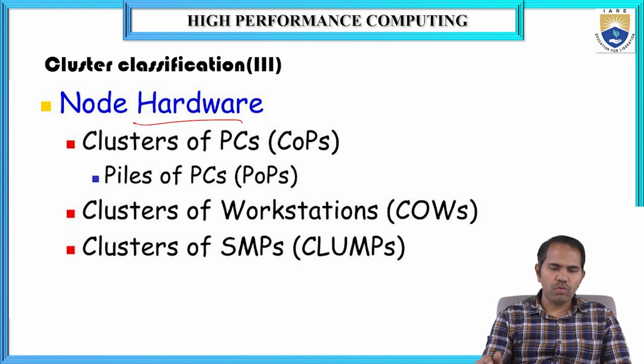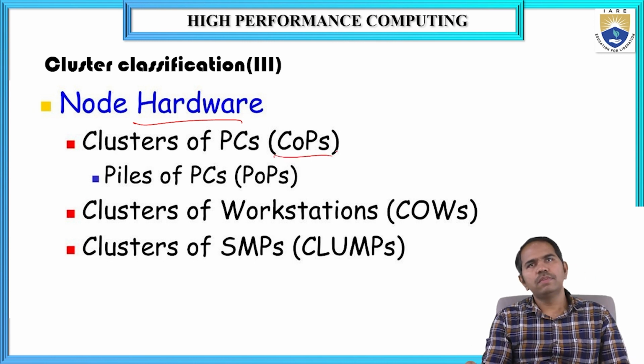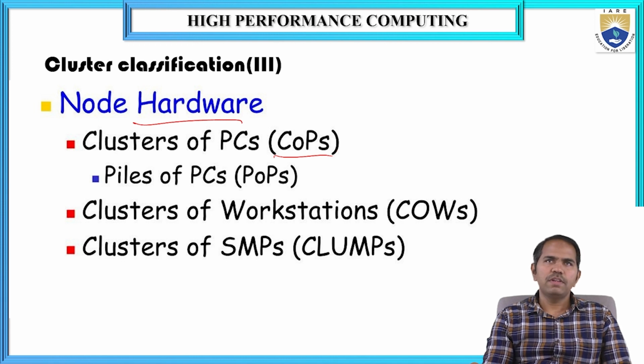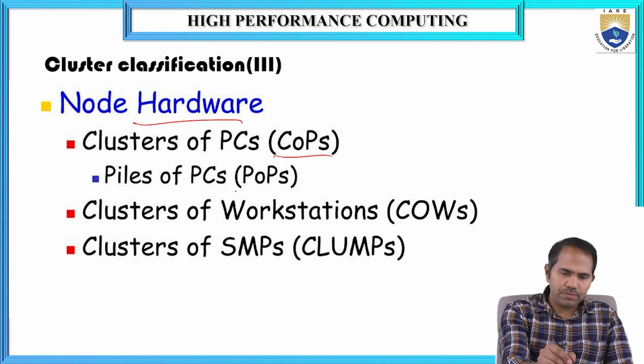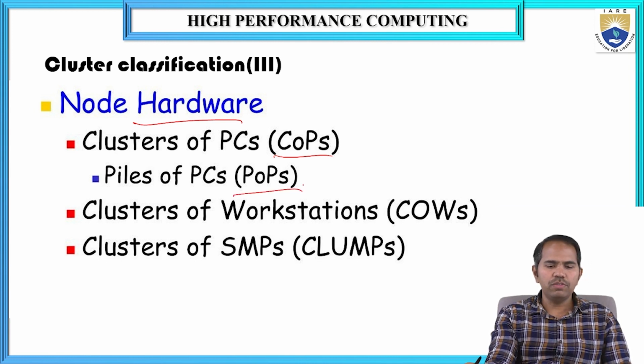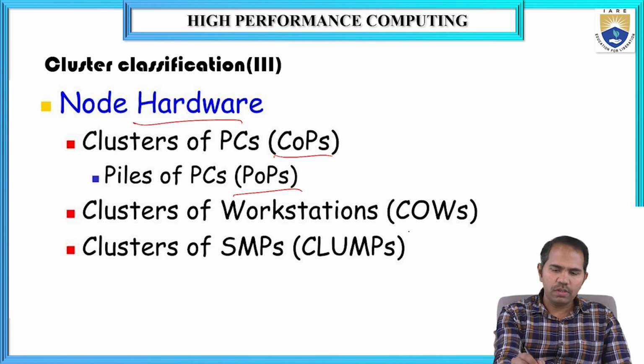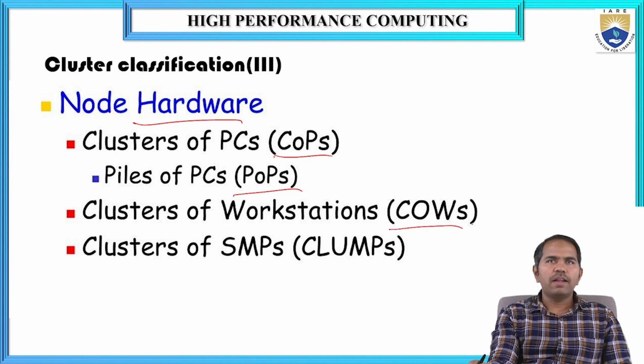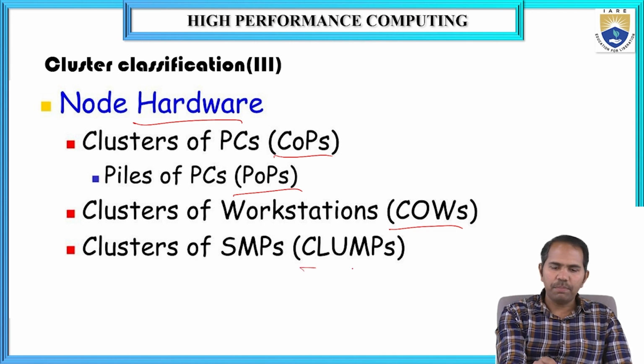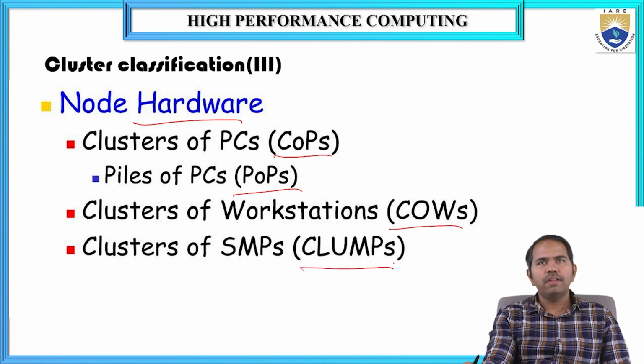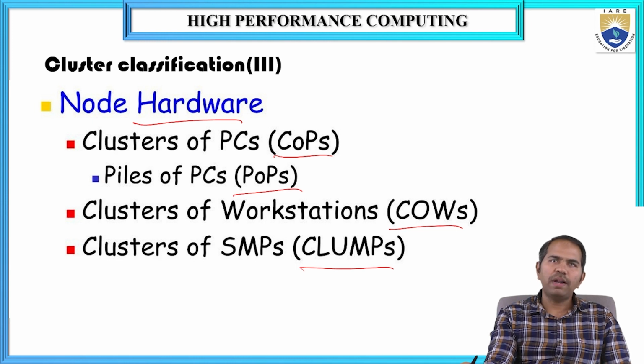Clusters of PCs, COPs, and piles of PCs, POPs. Also clusters of workstations, COWs, and clusters of SMPs, symmetric multiprocessors, simply called CLUMPs. So this is the node hardware.